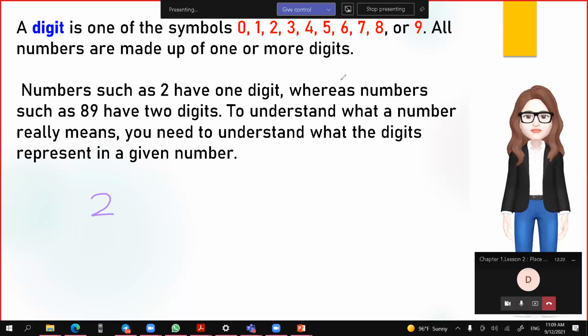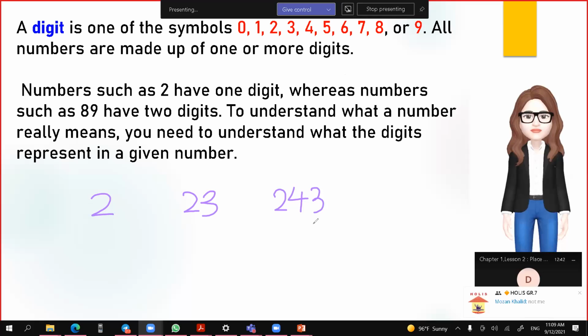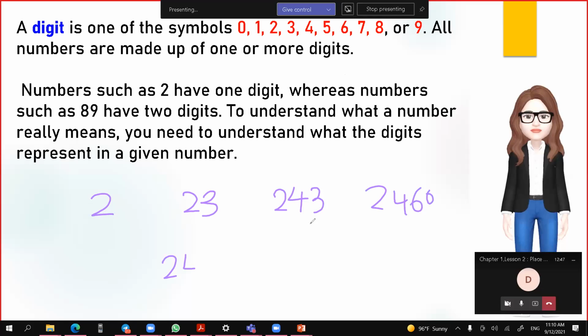And other numbers could be made from 2 digits, like 23, or from 3 digits, like 243. So 2 is a number, 23 is a number, 243 is a number, 2,460 is a number, 24,652 is a number, but all the numbers have different digits.